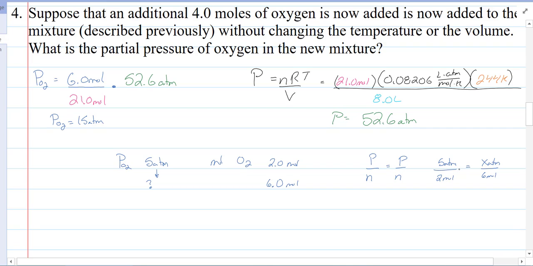So if we just know that the moles tripled, the pressure tripled, because V and T and R are constant.